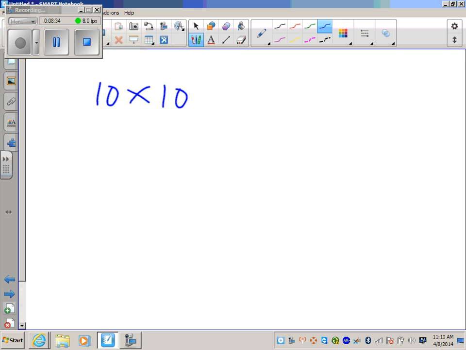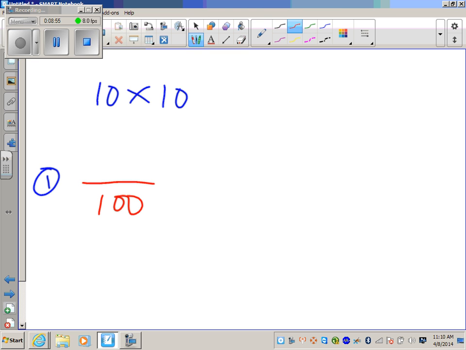Okay, so there's 10 rows of 10, which give you how many total little squares? 100. So in the first one, how many red of the 100 do you see?